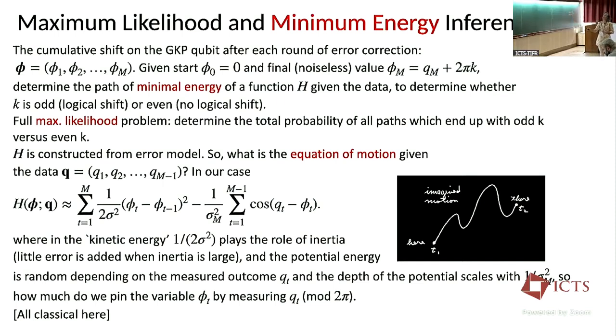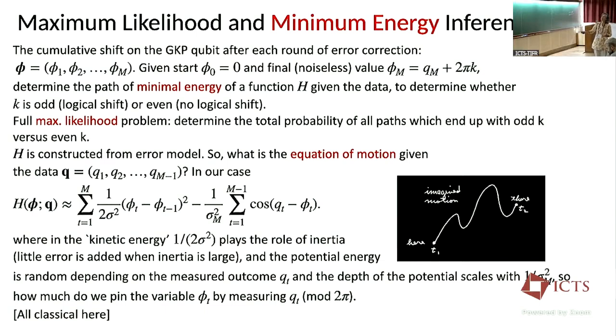Now, an often more efficient strategy is what's called minimum energy inference. So you determine the path of minimal energy of a function, given the data. And that path should give you that k here, whether this k is odd or even.